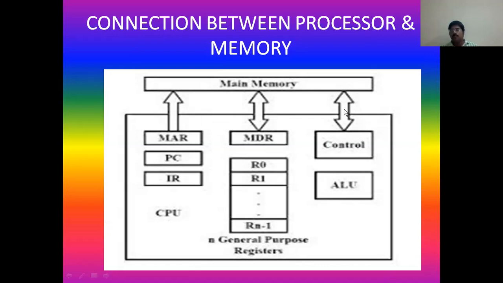If you observe these two buses, they have two-way arrow symbols. That means they are bidirectional buses. What is meant by bidirectional? Using that particular bus, you can transmit the data from main memory to our processor, and you can also transmit the data from our processor to main memory.